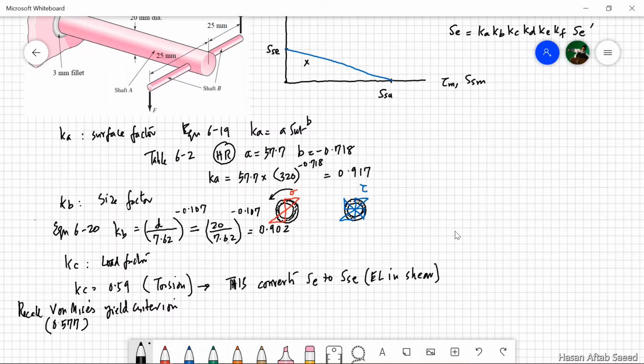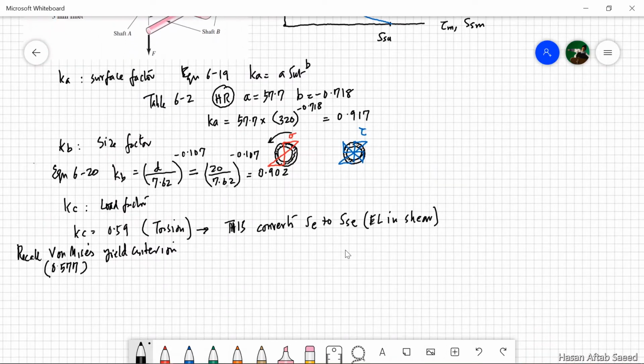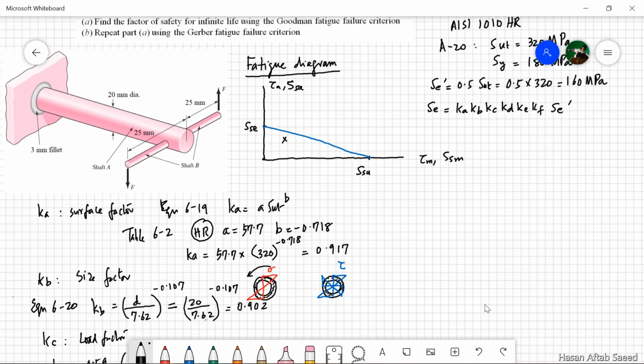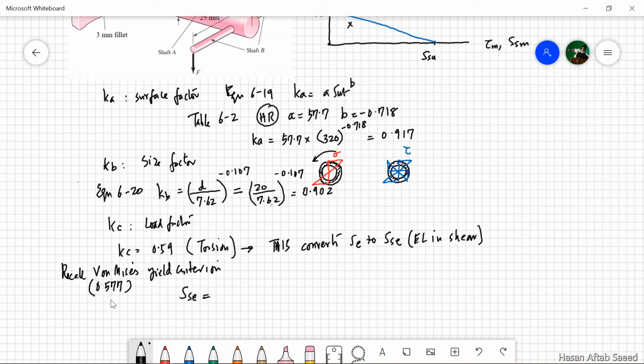So the next step will be calculation of Sse. Here I'll be using this equation, but I put 0.59 in place of Kc, and this 0.59 again comes from 0.577. You can think of it as the same 0.577. It becomes 0.59. It's essentially the same thing.